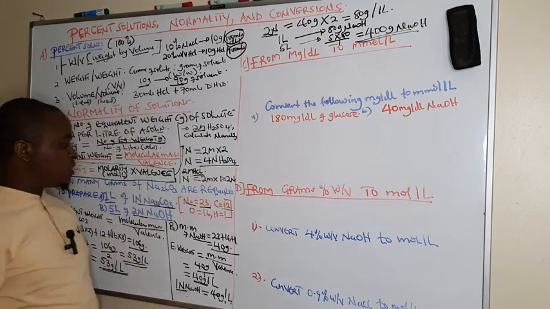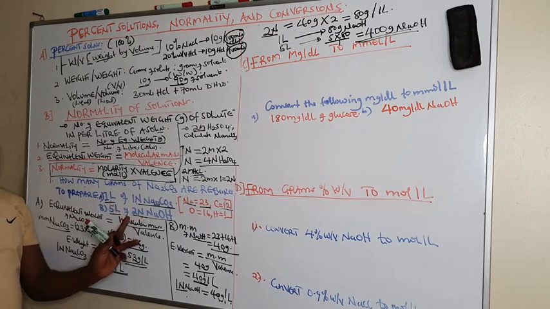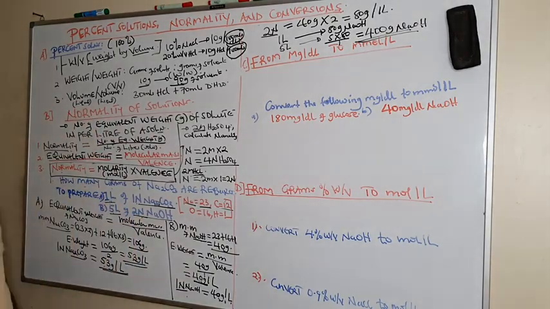So how many grams shall we need to prepare 5 liters of 2 normal? We shall need 400 grams of sodium hydroxide. That is what we can say.